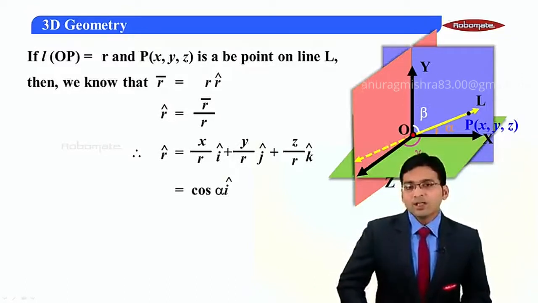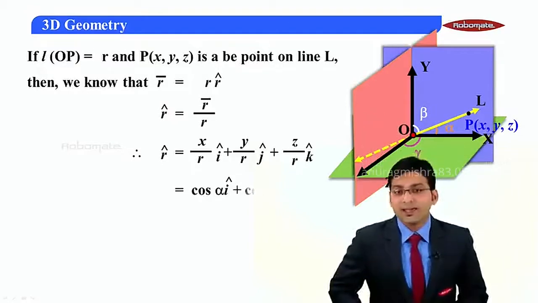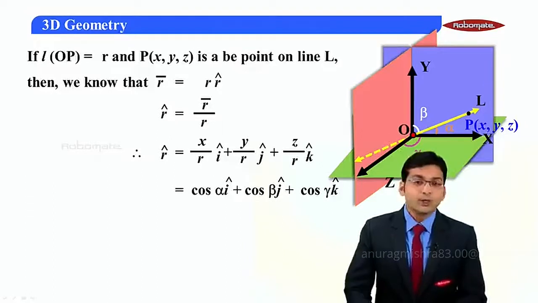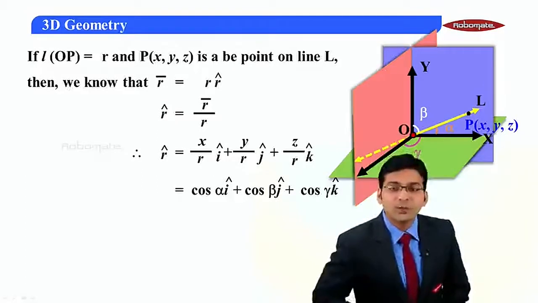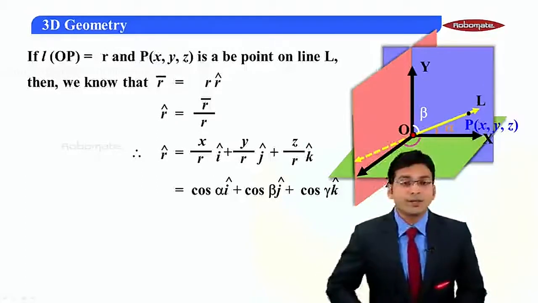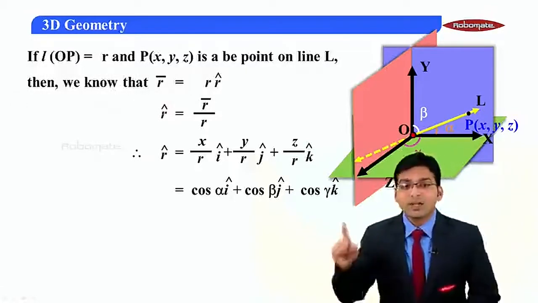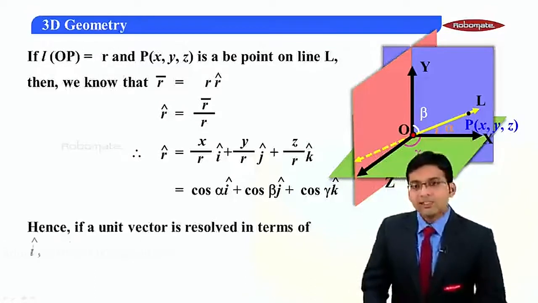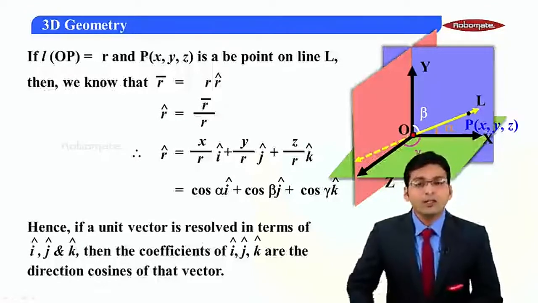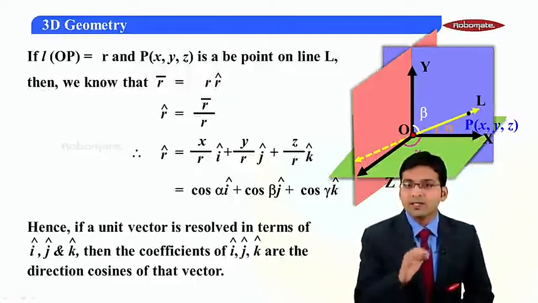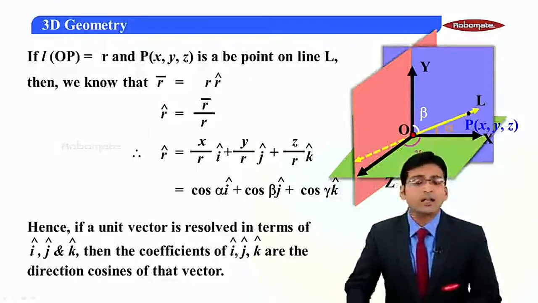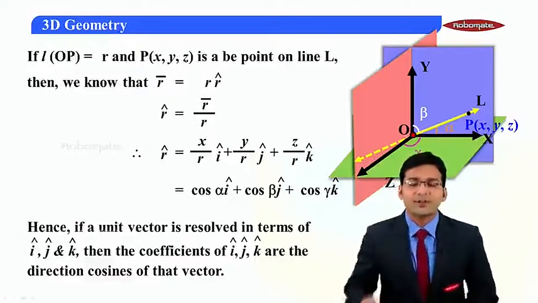Fine students, therefore we can say cos alpha i cap plus cos beta j cap plus cos gamma k cap. So if you look at this statement carefully students, r cap is on the left hand side and the right hand side contains direction cosines with i cap, j cap, k cap. Right? And this means if a unit vector is resolved in terms of i cap, j cap, k cap, then the coefficients of i, j, k are direction cosines of the vector.